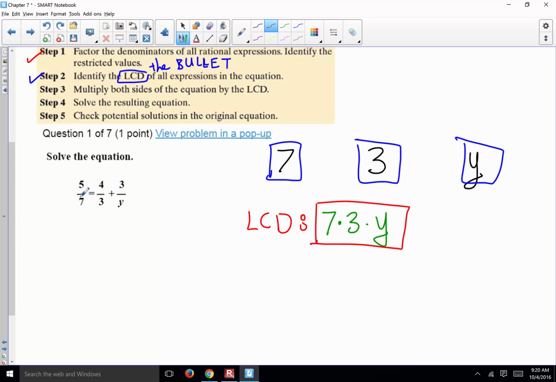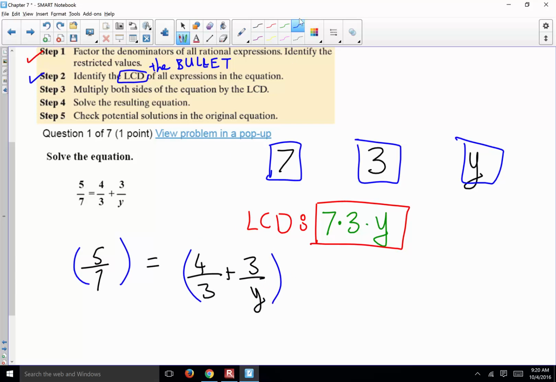and multiply both sides with that. So put 5/7 in parentheses. So this is set up. First, don't rush into anything. First, set your equations ready for multiplication, for massacre. Now, put your bullet to both sides. This is your bullet.